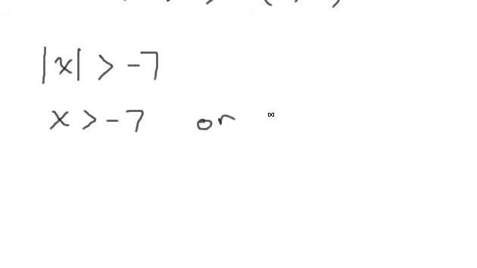All right, let's look at this one here. We have the absolute value of x is greater than negative 7. So we drop the absolute value bars. Now remember, we're pointing to the right, so we use or. And we rewrite what's inside the absolute value bars. This time we flip the sign. We throw a negative out front, but a negative and a negative is positive.